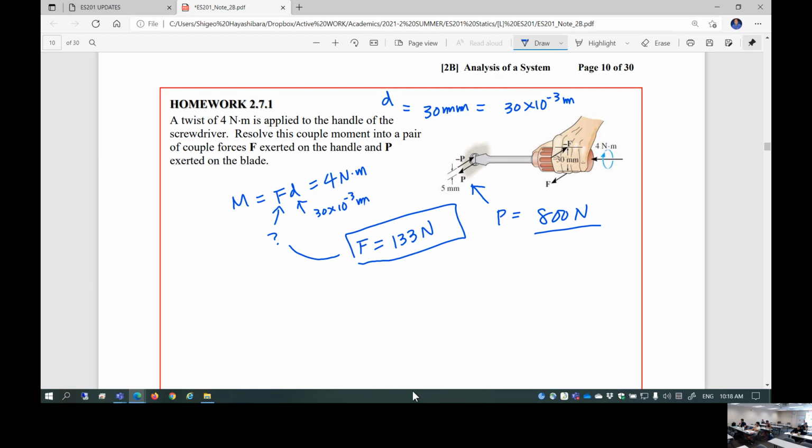So suppose you use a huge diameter screwdriver, it's going to be even better. You can easily twist. If your screwdriver is small and thin, you have to really twist it. But anyways, this is a couple moment. Here we go. Great.